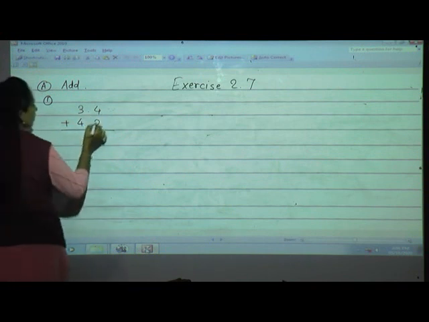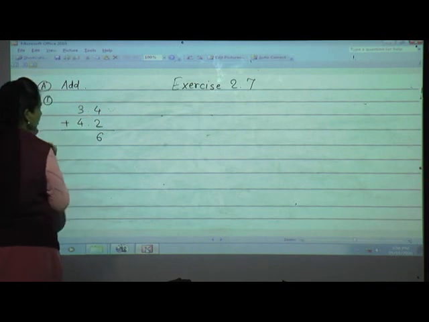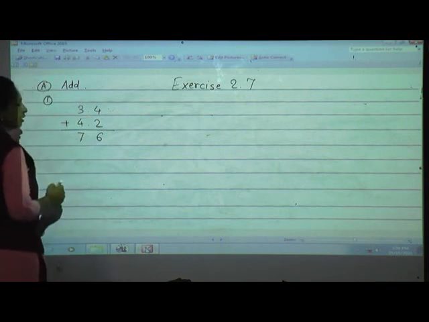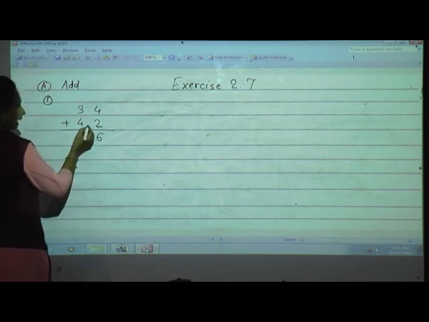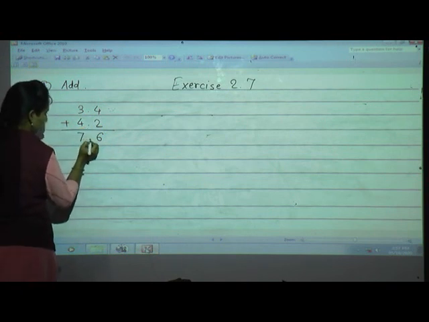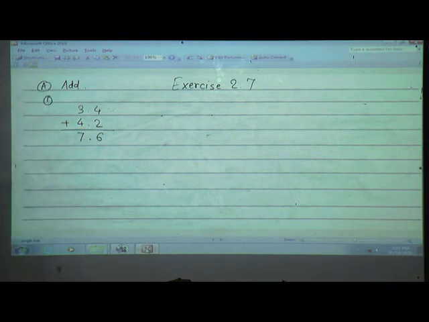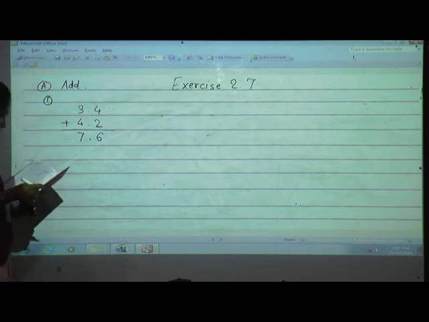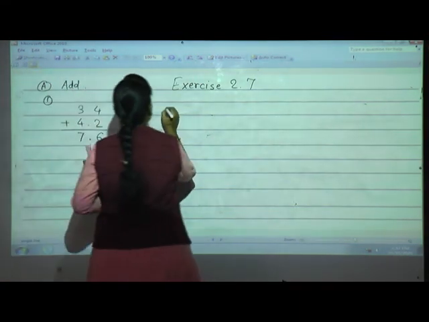Now add. 4 plus 2 is 6, 3 plus 4 is 7. So where will you give the decimal point? Exactly here only, below the same. Okay.